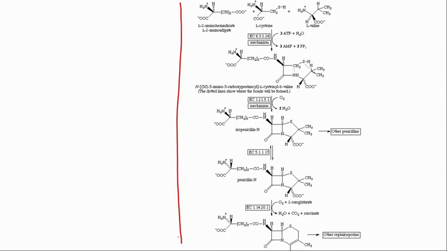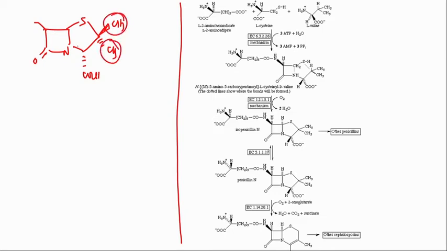Now, remember, I told you that in penicillin it is extremely difficult to substitute these methyls. If you can develop a method where this can be substituted with different groups, then what happens? When bacteria are exposed to penicillin, they remember the structure. So, the next time you give penicillin, they know that there will be a methyl here, a methyl here, and they immediately know that this is penicillin.